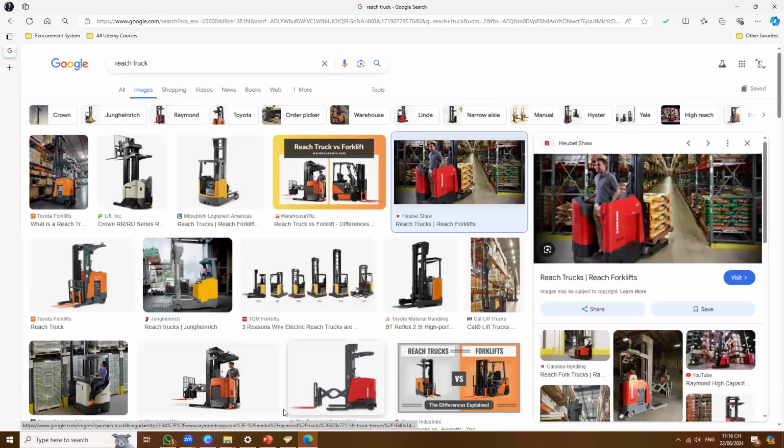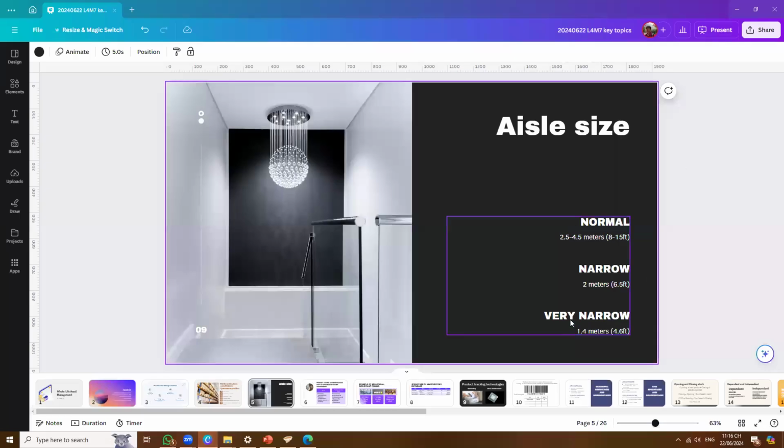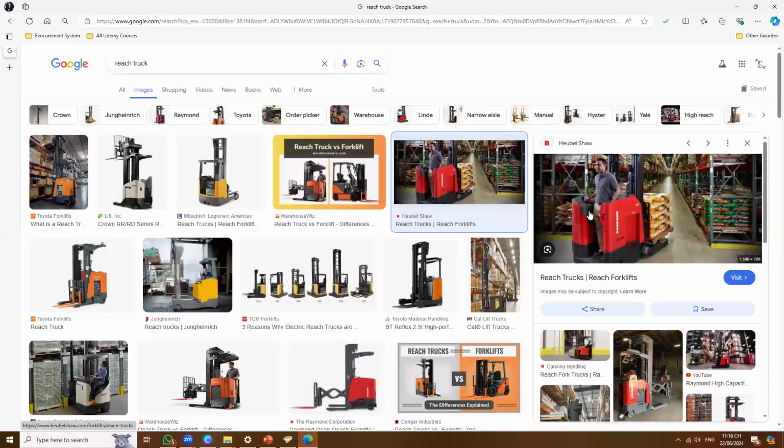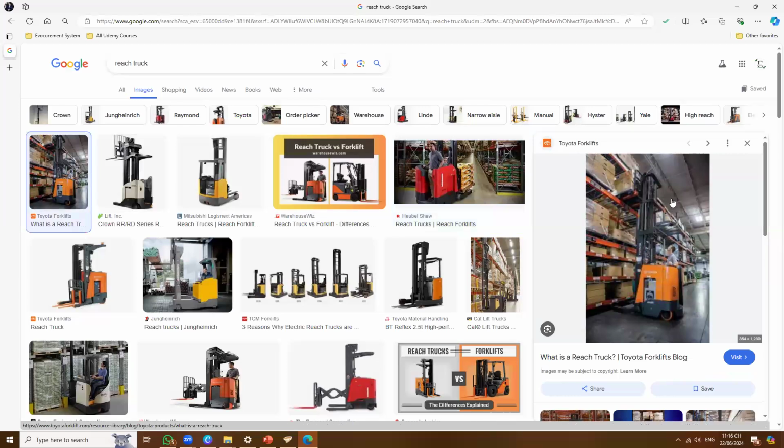So with this one, we can even fit into very narrow aisles and maximize the storage facility. But you see that its wheels are also very small, and the handling capacity of this equipment is not as great as a standard counterbalance forklift.